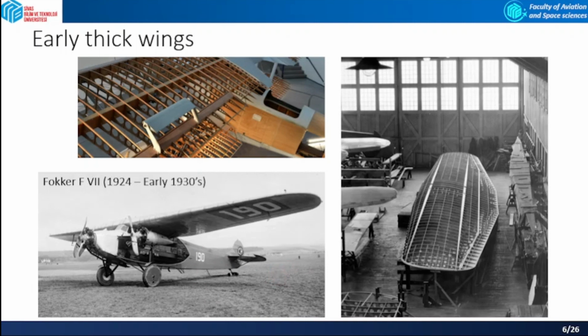So you can perfectly see the inside structure of Fokker 7 wing. This is that structure, and as we said, this wing was entirely made of wood, which could only be made by very skilled carpenters. So this was actually an art in those days.